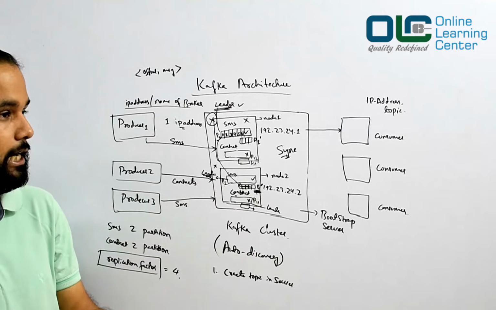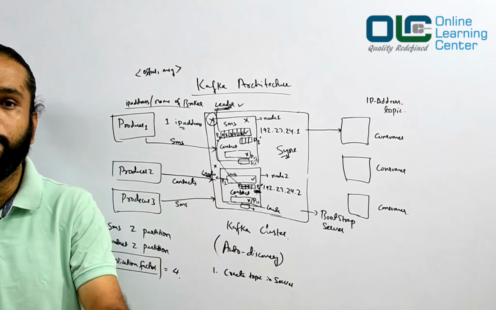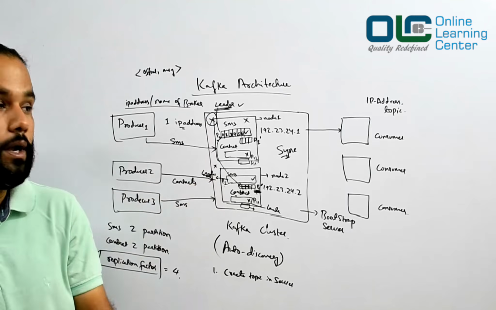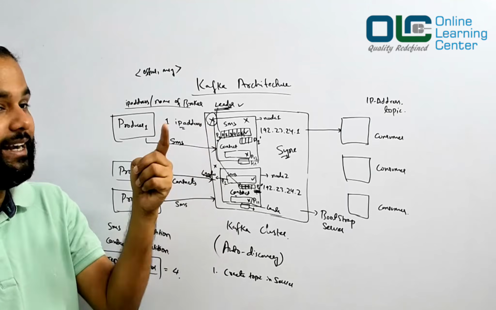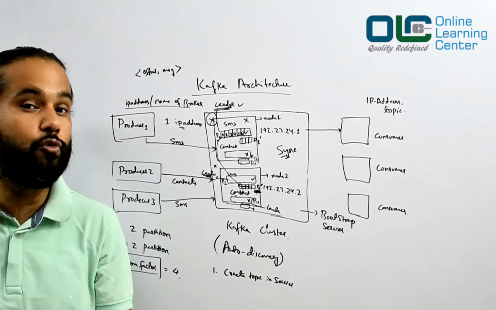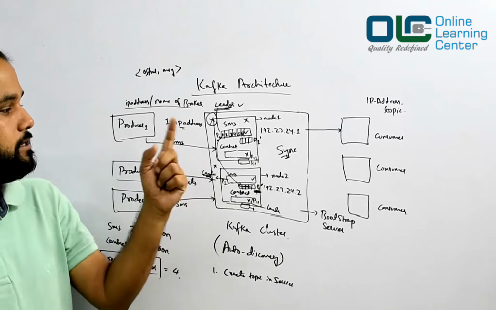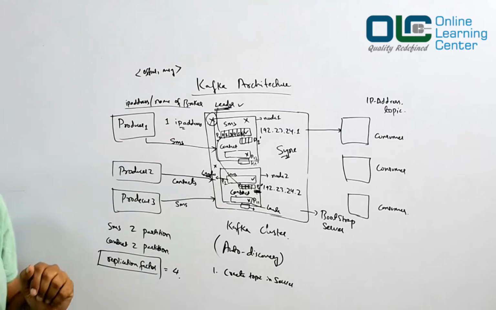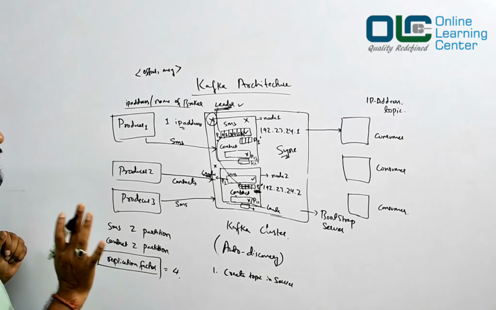It would continue its leadership until the other node is up. Once the node that went down comes back to life, your P0 partition, the actual leader, would get back its power and will start syncing the data and serving the data for you. This is very, very important for you to understand.